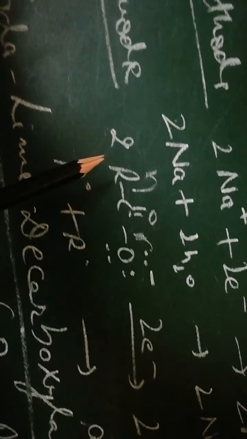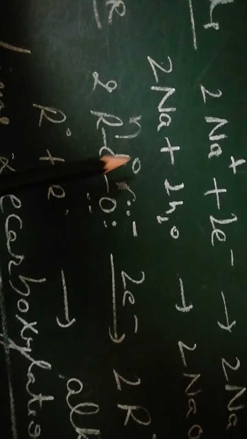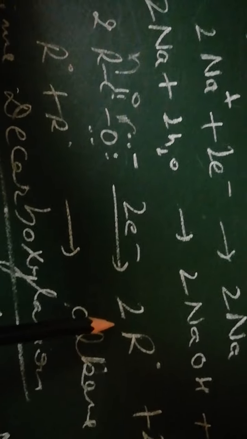Now at anode we will get RCOO negative, which loses electrons, and we will get 2 alkyl free radicals plus 2CO2. Now two molecules of alkyl free radical will bond with each other to give the alkane.